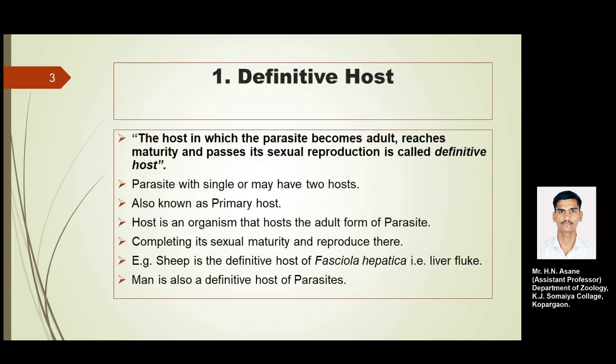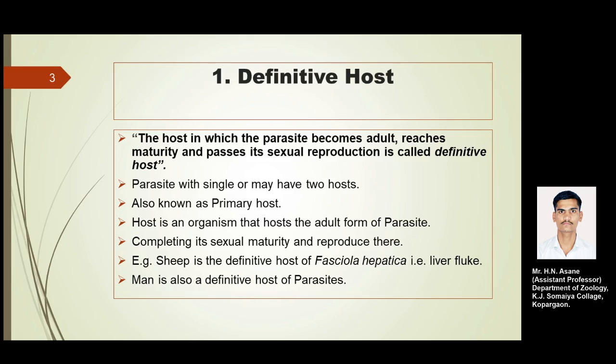So the first type of the host is the definitive host. As we all know, the host in which the parasite becomes an adult, reaches maturity and passes its sexual reproduction is called the definitive host.